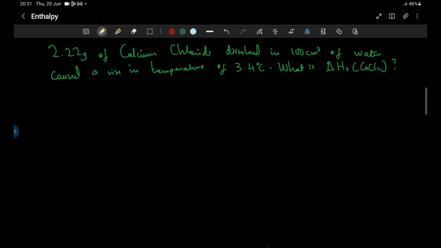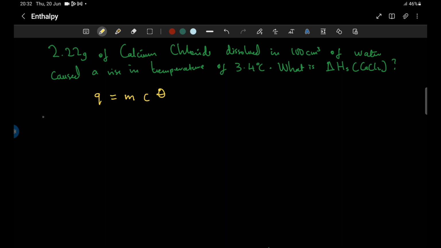All right. So in this case, what do we know? We know that the heat evolved when a substance dissolves in water, or the heat absorbed, is equal to the mass of the solution of water multiplied by the specific heat capacity of the water multiplied by the temperature rise, or it could be the temperature drop. Right, so by calculating the quantity of heat evolved or absorbed per molar mass of the solid, we can get the numerical value for the heat of solution.